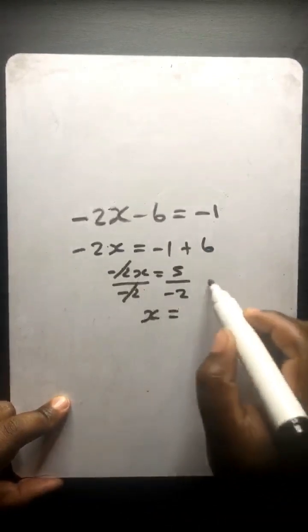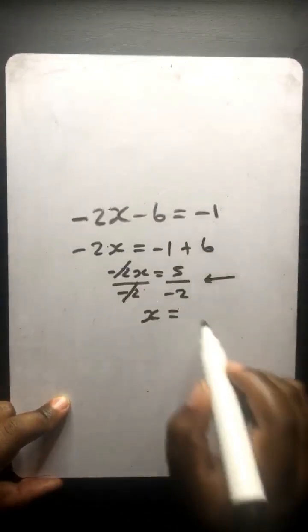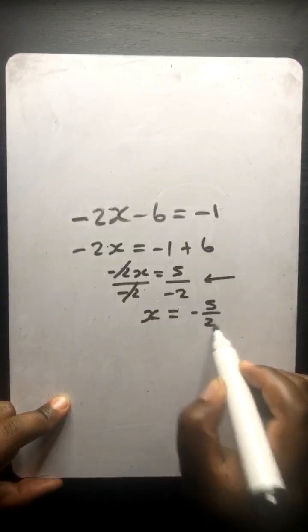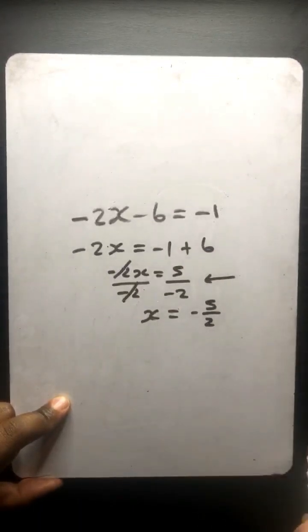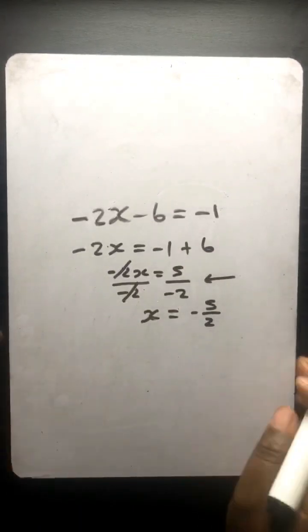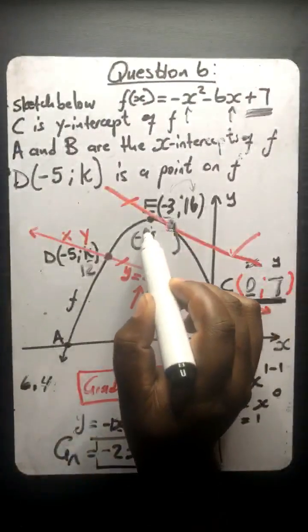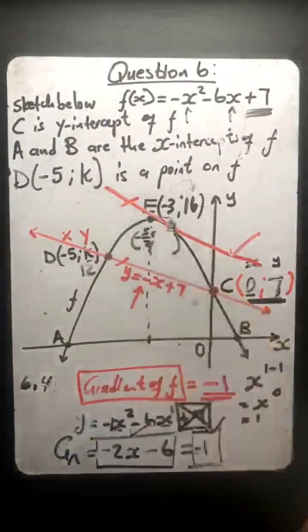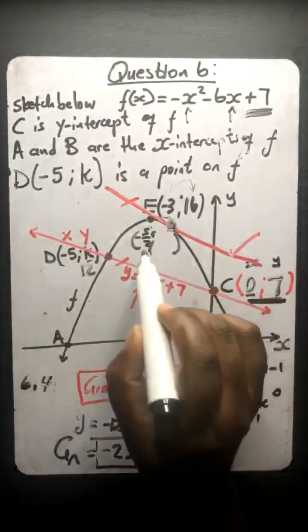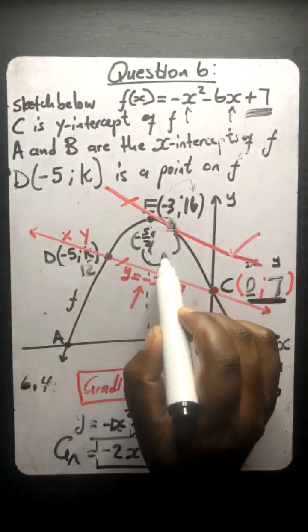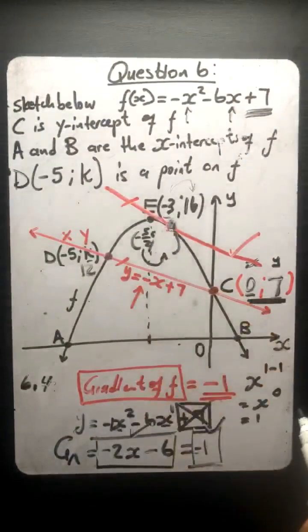If you punch this on a calculator and it gives you exactly that, this is the final answer for your x value. So the x value is negative 5 over 2. You need to make use of that x value to calculate the corresponding y value.